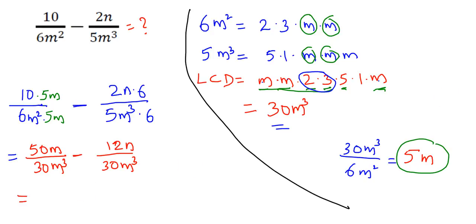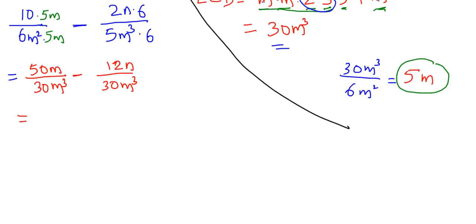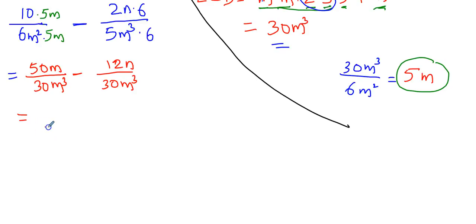Further, as we changed the denominators to be the same, let us combine by writing the denominator one time, 30m cube. Now the leftover numerators are 50m minus 12n.